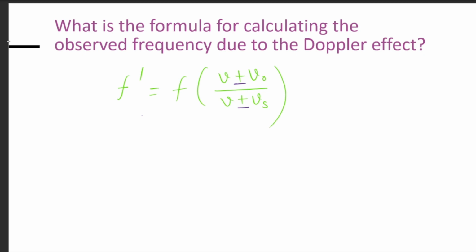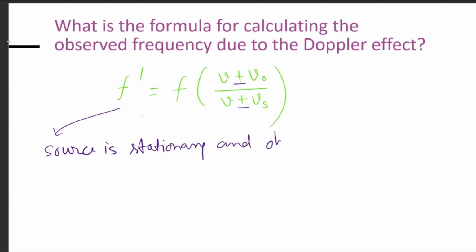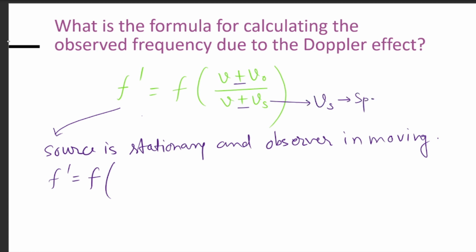Now if you want to write this formula for each condition, then it could be written as follows. When the source is stationary and the observer is moving, I can write f dash is equal to f, and since the source is stationary, here v s is the speed of source, so it becomes 0.